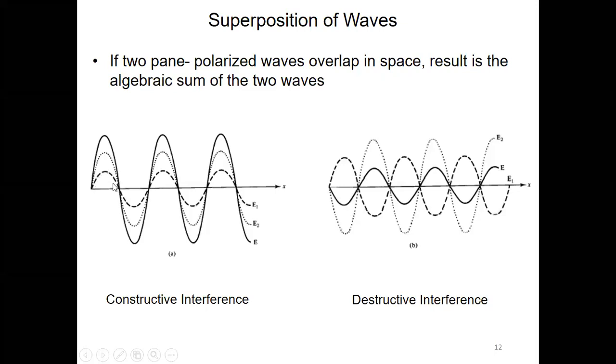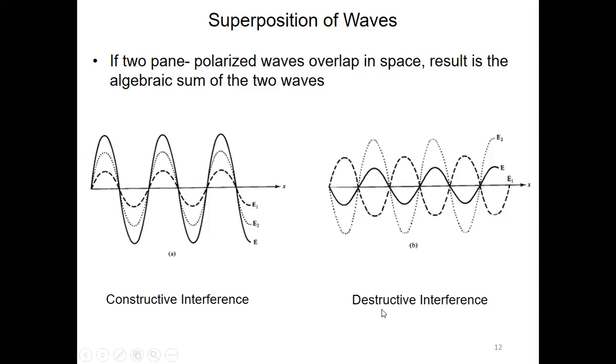For example, here the dotted lines are wave 1 and wave 2. When these dotted waves are in the same phase, the total wave has constructive interference, so the amplitude or the height will be increased.